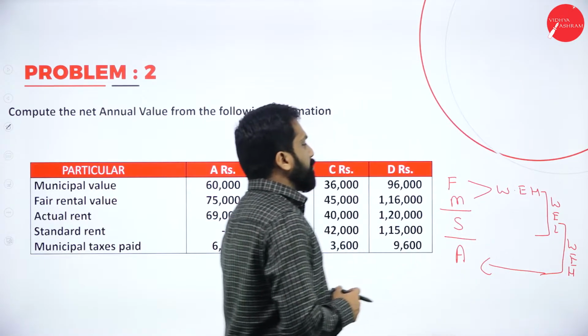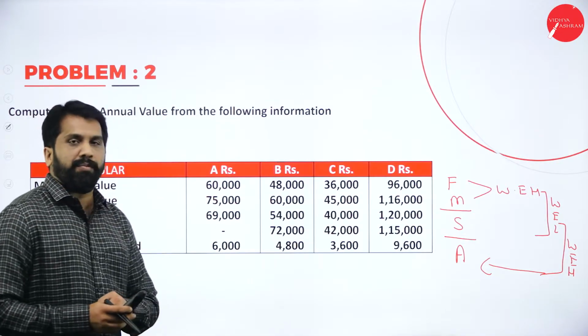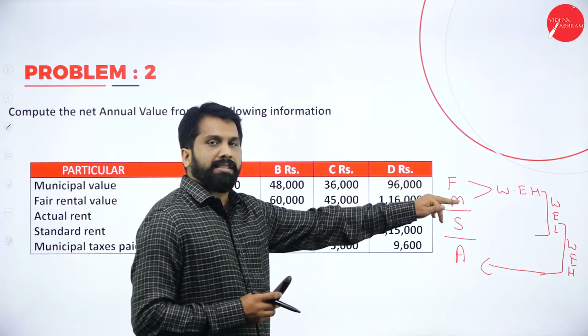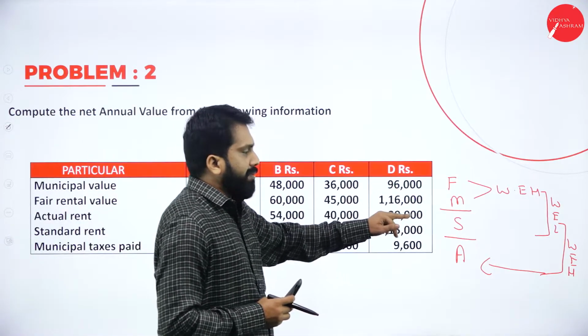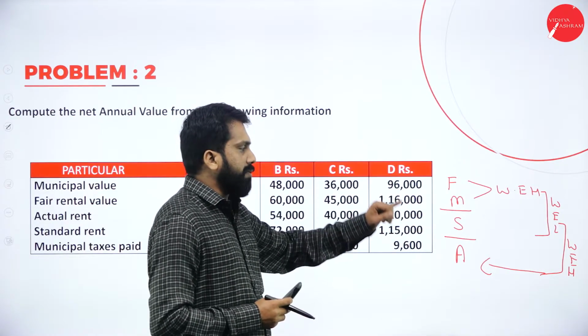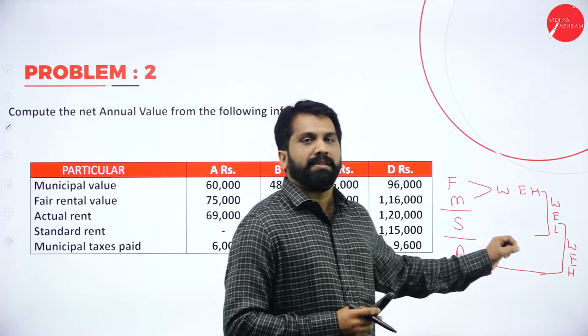Now, this is the procedure. If you work this out, you will get your annual value. So FM, whichever is higher; with that answer, compare with standard rent, whichever is less; again, compare with actual rent, whichever is higher. This is the procedure to solve this particular problem.